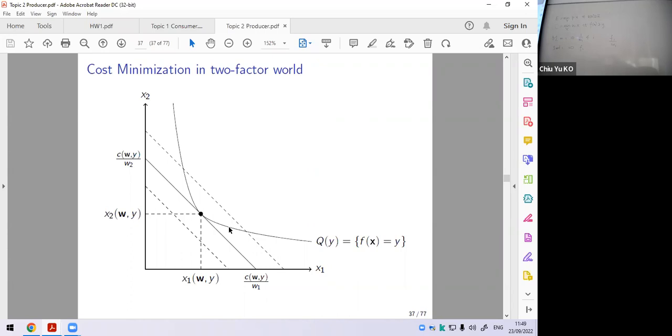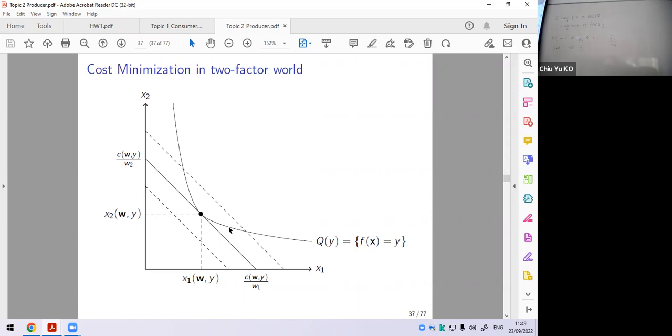The optimization problem is just to figure out the total expenditure. The slope is given by the price ratio, W1 over W2. This is fixed, so you just move the line up and down. You can see the optimum will be here because of the concavity, so there must be one solution here.